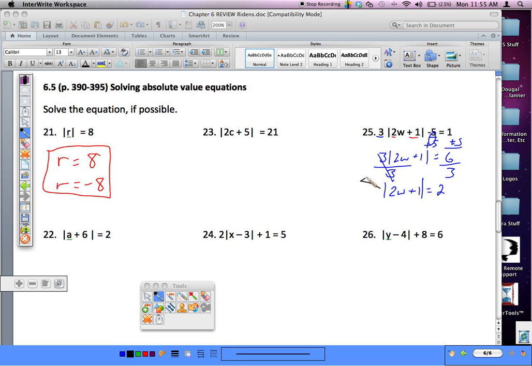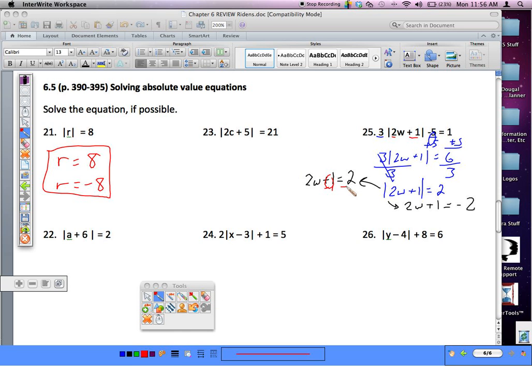So now we're going to take the absolute value away, and we'll have 2w plus 1 equals what? 2. Equals positive 2. And we have the second situation, which is 2w plus 1 equals the negative 2. Once we solve each of these, we'll have our two answers.